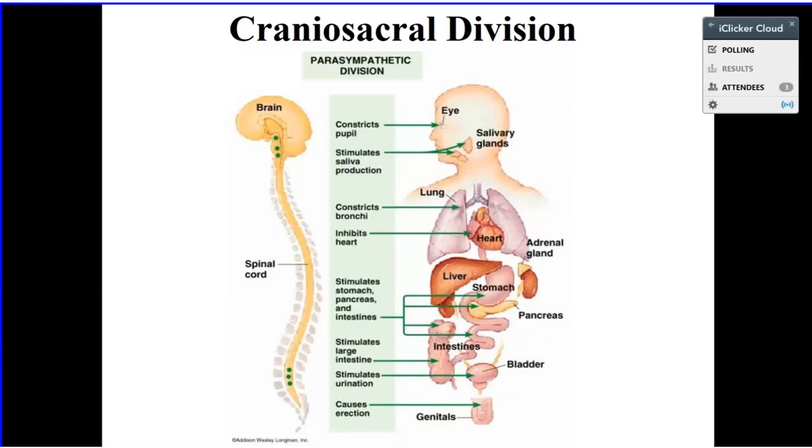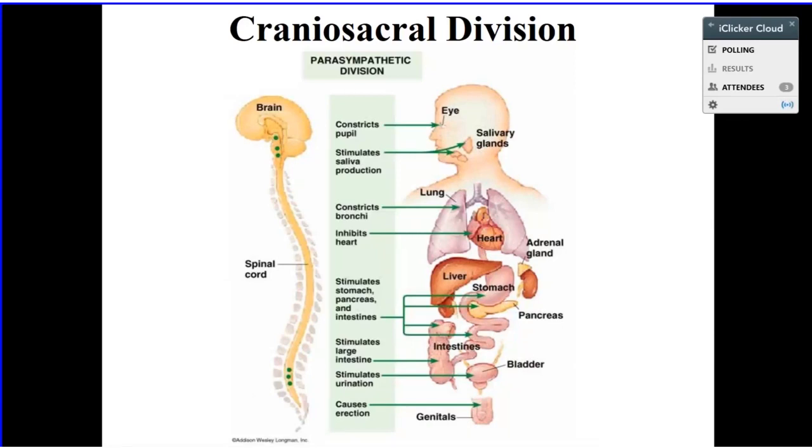So that first neuron in the motor pathway is going to exit the craniosacral areas. That cranial area is not your entire brain, it's just the brain stem, so that's basically the lower portion of the brain. So when we talk about parasympathetic, that really tells us the function. What are those two words you can use to describe the function of parasympathetic?